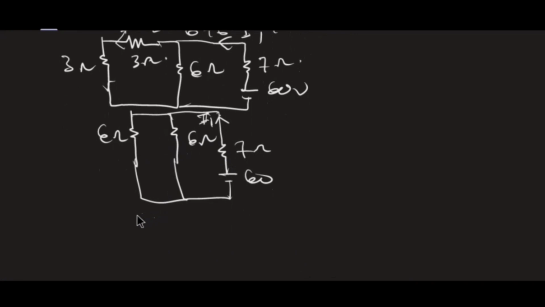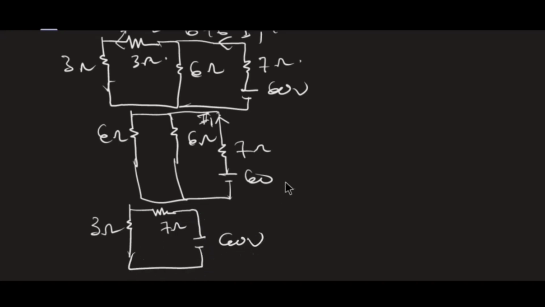So 6 by 6. When you have two equal resistances in parallel, the effective is half of one magnitude. So it's automatically 3. So this becomes 3 ohm in series with our 7 ohm, then to our power source, which is 60 volts.